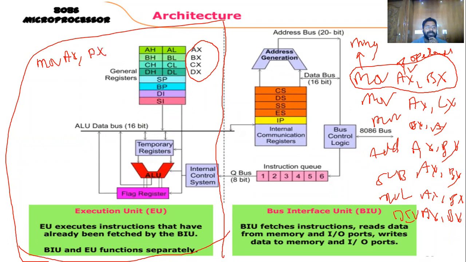Suppose bx has some value 08. Whenever the instruction is performed, whatever data is present in the bx register is moved to AX. So whenever this operation is executed by the microprocessor, it shows the result: AX has the data 08.